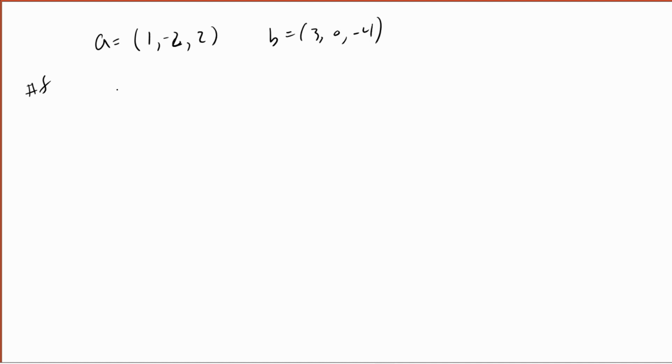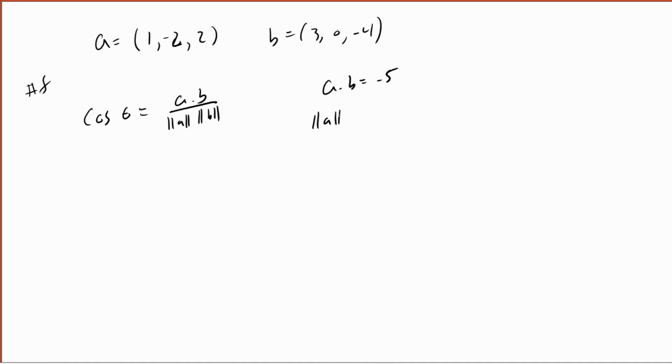Okay, so we know that the cosine of the angle is A dot B over norm A, norm B. And we computed these up above. We know that A dot B was minus 5.